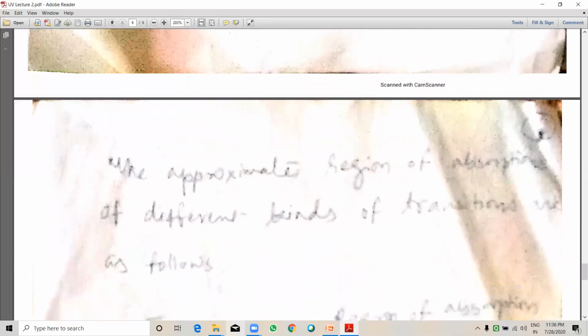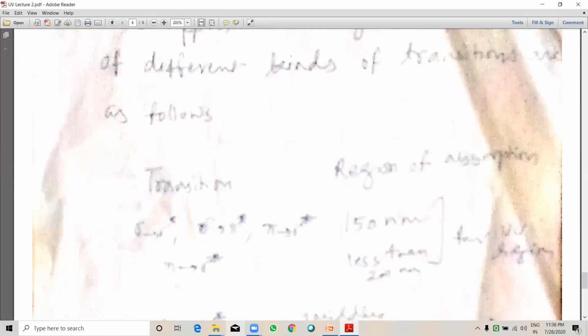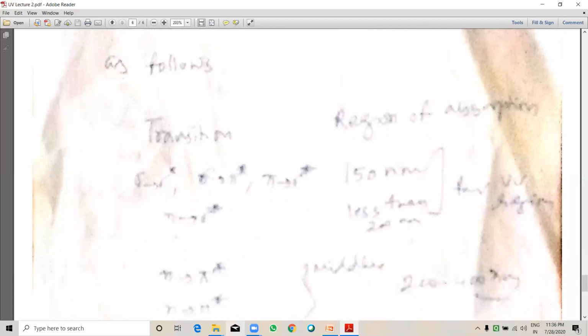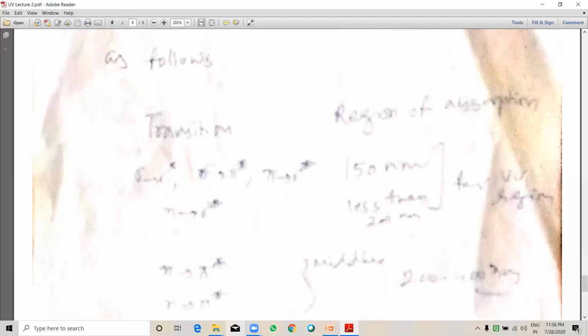The approximate regions of absorption of different kinds of transitions are as follows. Transitions sigma to sigma star, sigma to pi star, pi to sigma star, and n to sigma star fall in the region below 200 nanometer, also known as the far UV region.